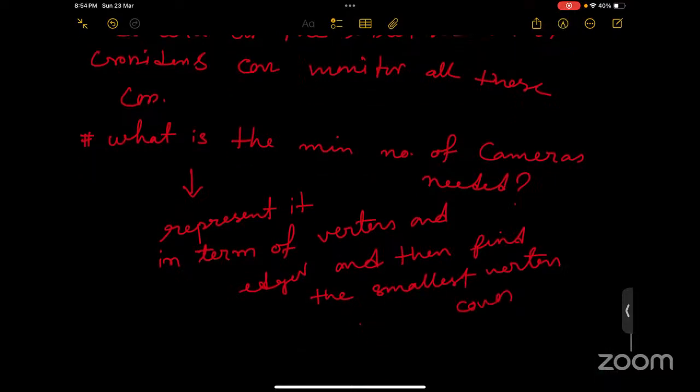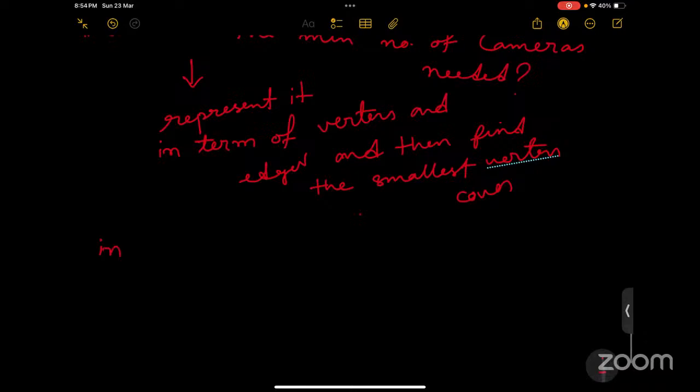So in this problem, you have to read the problem and understand which point you will assign to the edges and which point you will assign to the vertices.